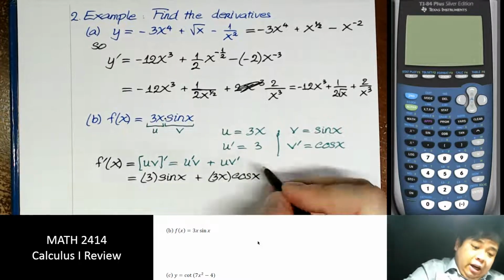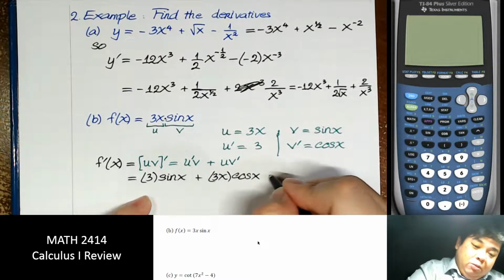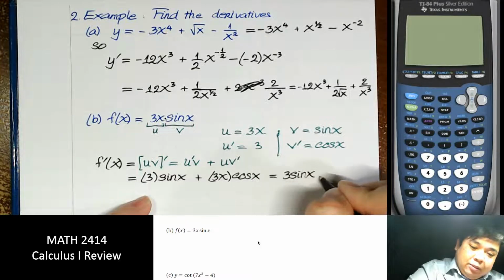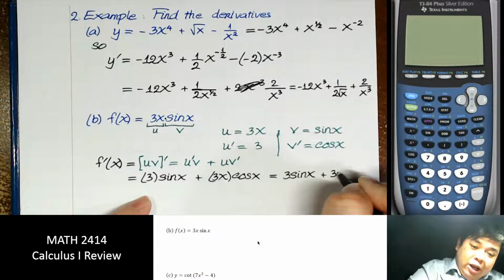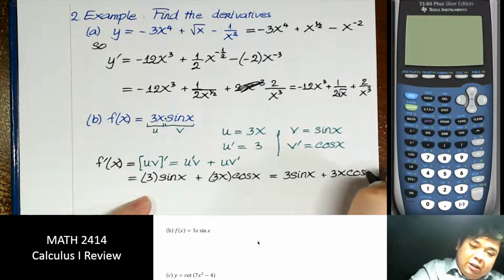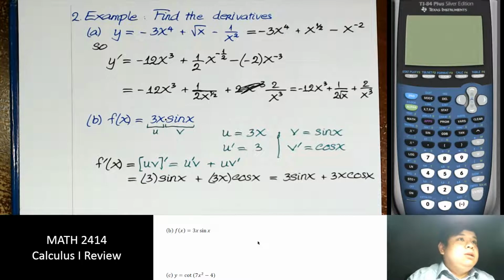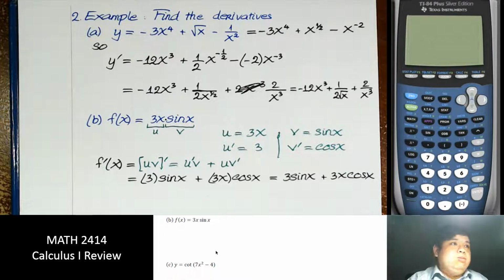Of course, there's nothing we can really do here. Just 3 sine x and 3x cosine x.